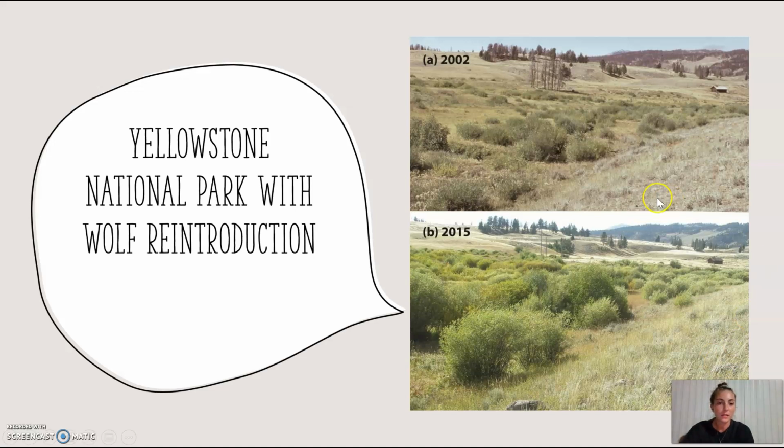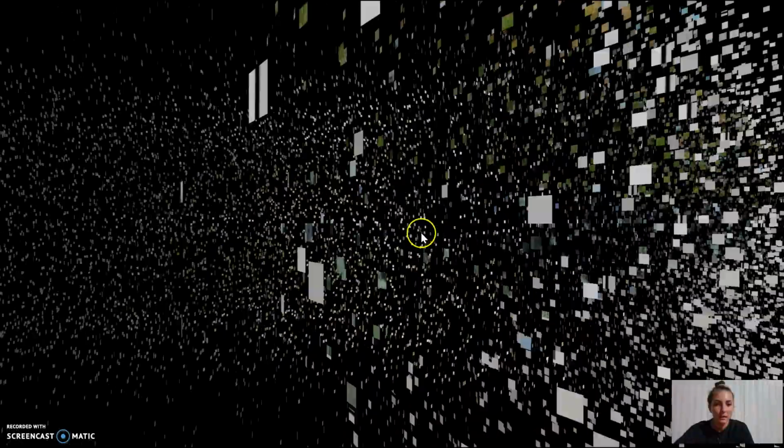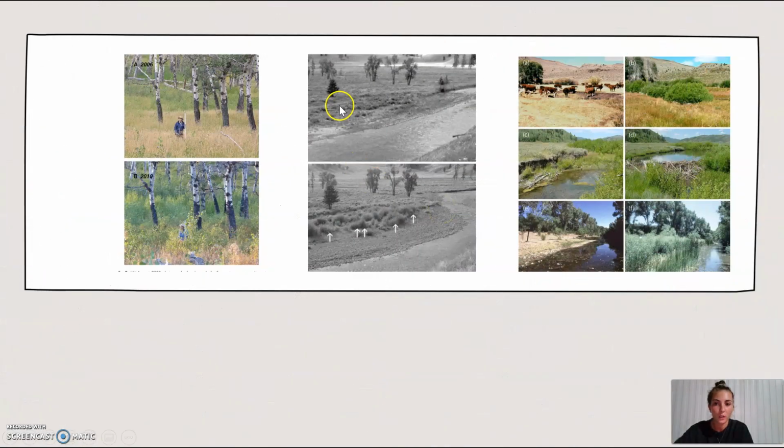As we can see through these pictures, the vegetation growth improved a lot, because the elk were no longer overgrazing. This can also be seen in these pictures, where from 2006 the guy is standing at the same pole as he is in 2010. The 4-year difference is drastic.